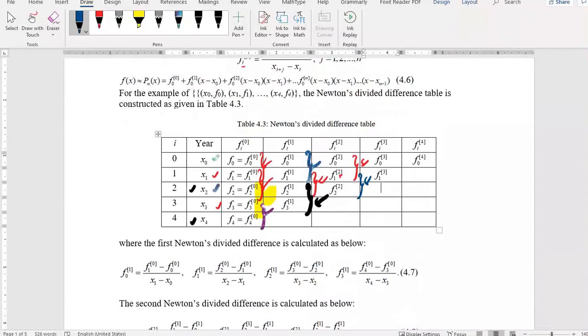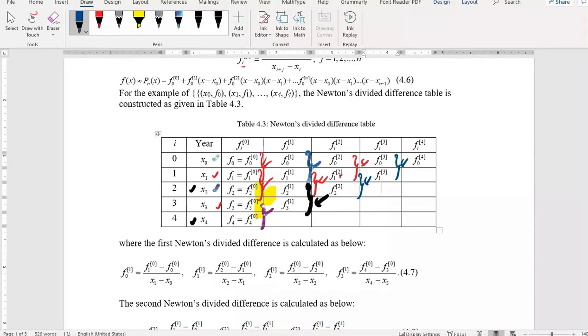Normally you should have no problem. For this one, it's F13 minus F03. So 0 plus 4 will be x4 minus x0. So you see, for the first level, you take 2, and your X is also the same, 2.